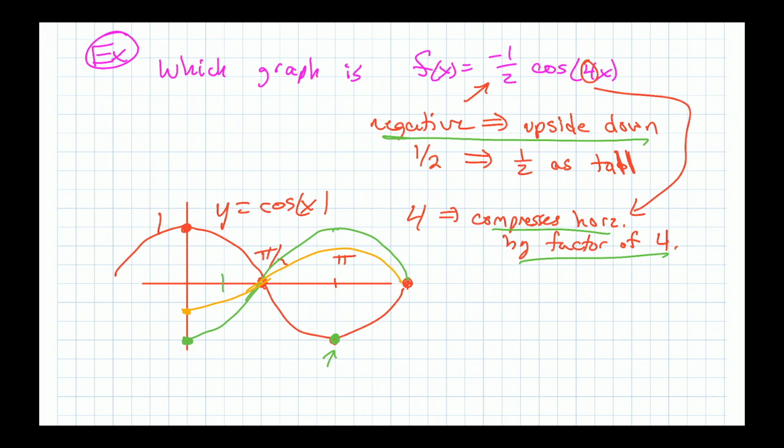But then it's compressed horizontally by a factor of 4. So this point would be moved in by a factor of 4. So that would actually be over here. So you should expect a graph that's skinny and half as tall. And I realize that it's really hard to see what I just did here. But skinny, half as tall, upside down.